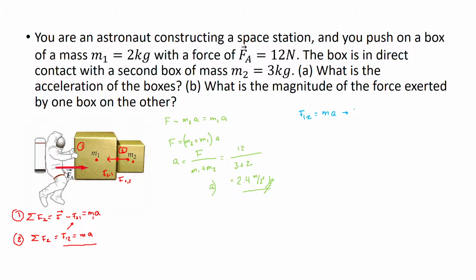So the mass is, in this case, 3, mass 2, sorry, times acceleration 2.4, and this is going to be equal to 7.2 newtons.